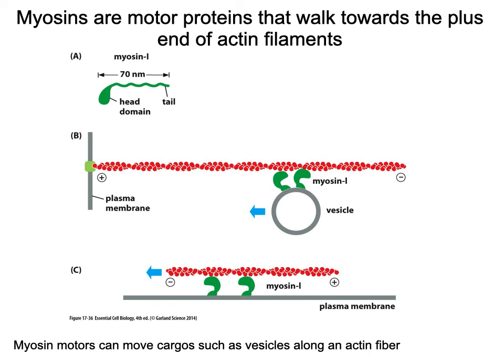If the positive end is anchored towards the plasma membrane, as we see in panel B, myosin's head domain will be attached to the actin, and the tail domain attached to the vesicle, and it will move towards there. At the same time, the tail end could be anchored towards the plasma membrane, so that this would allow for a movement of the plasma membrane, contraction and shifting of the cell.